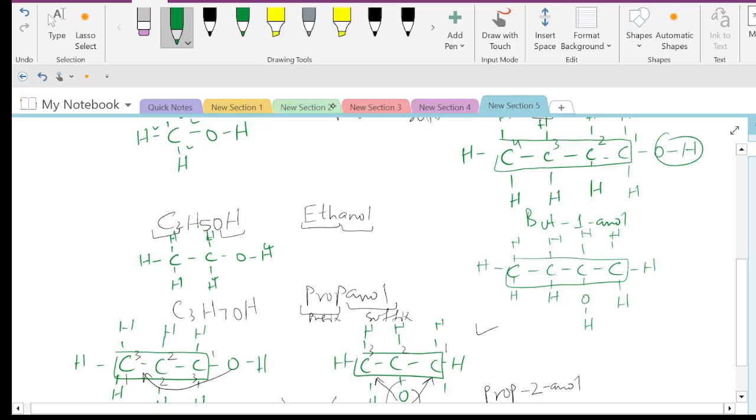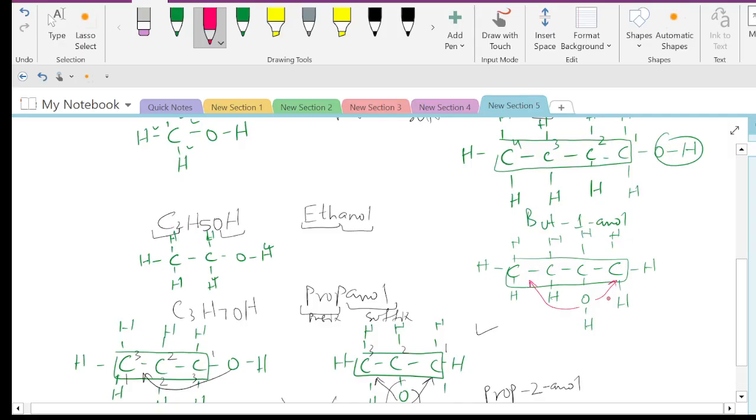Now you can see the functional group, that is the hydroxyl group, is too far away from the left side carbon, but it is much nearer to the right hand side carbon.